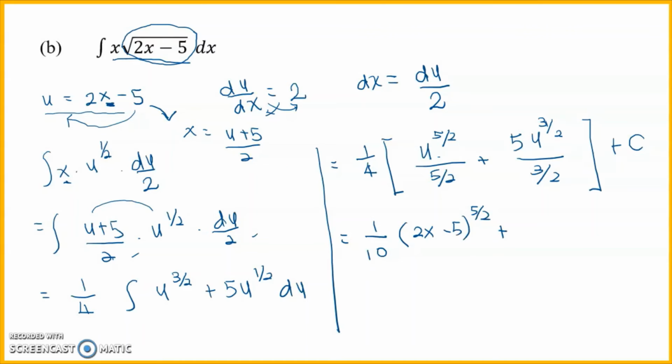Plus 1 over 4 times 2 over 3, because it's divided by 3 over 2, so that gives us 5 over 6, and substitute u with 2x minus 5. And finally plus c. So this is the answer for this problem.